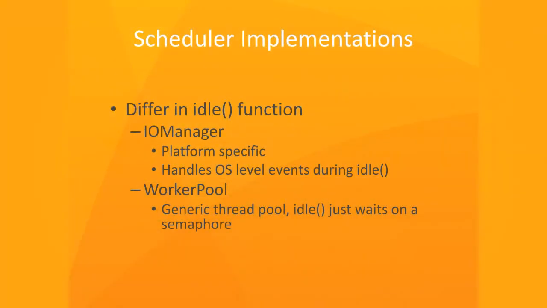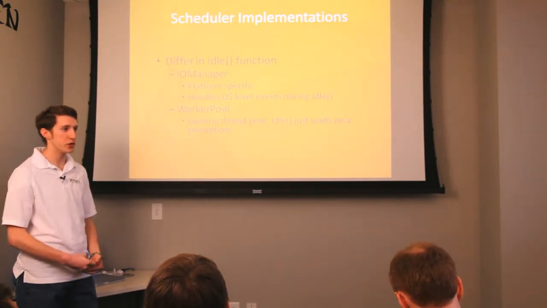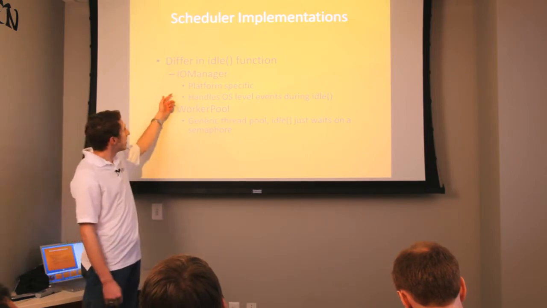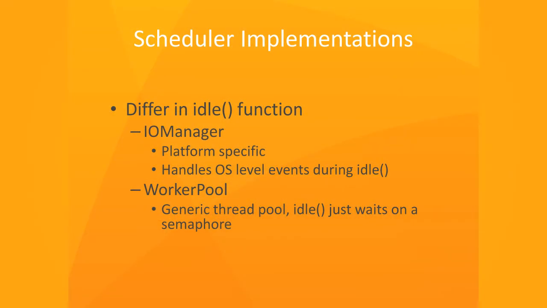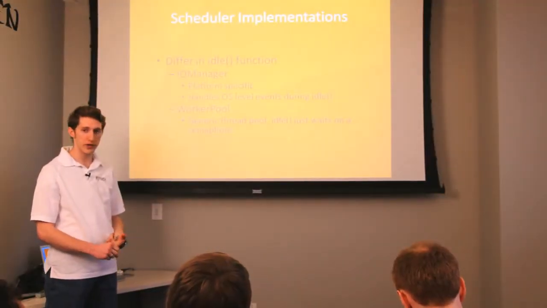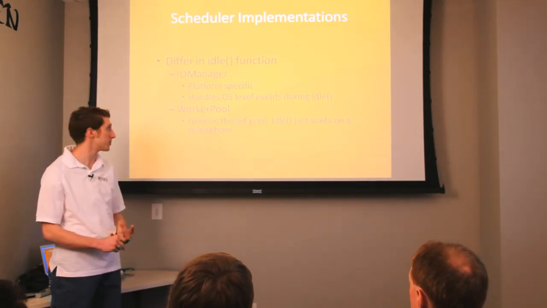There's multiple scheduler implementations, and they differ in what they do when there's no work to be done. So when there's no fibers queued up, they all go to an idle function. The main two are IO Manager and Worker Pool. The IO Manager is platform specific. There's IO Manager IO completion ports for Windows, IO Manager KQ for BSD systems, and IO Manager ePool for Linux systems.